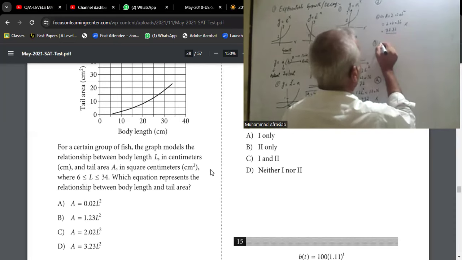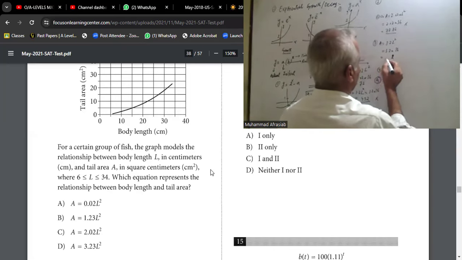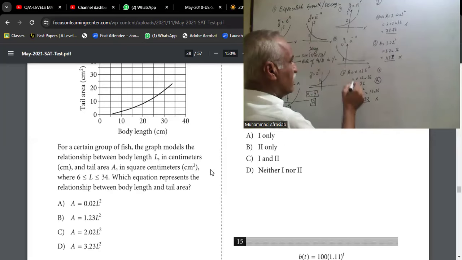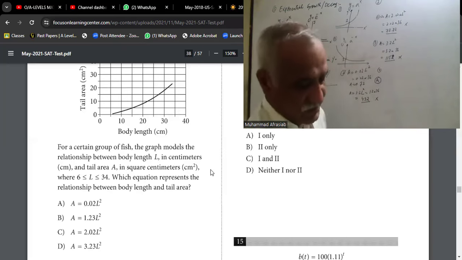So the D choice: area is equal to 3.2 L square, which is also more than this value, 15.2. So it is also more than that. So only choice A is correct, which is the answer.